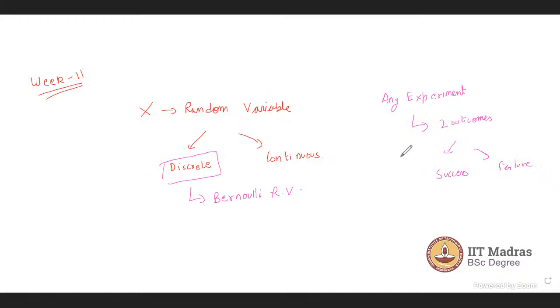Then if I associate a random variable to it, let's say x, such that if I get success, it takes the value 1. If I get failure, it takes the value 0. And let's say the probability of success is p. So for failure, it would be 1 minus p. Such a random variable is called a Bernoulli random variable.